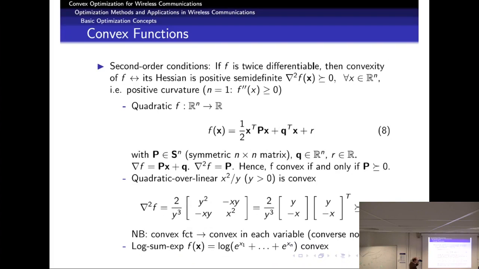Right, and so another property of convex functions, if you look at the second order condition, and this is something you're familiar with based on high school math, is looking at the curvature, right? So in this case here, what is the curvature? If you take the second order derivative, the curvature will be negative.